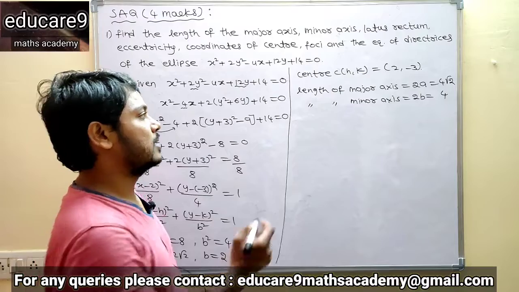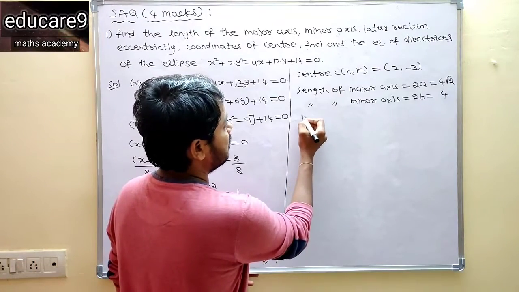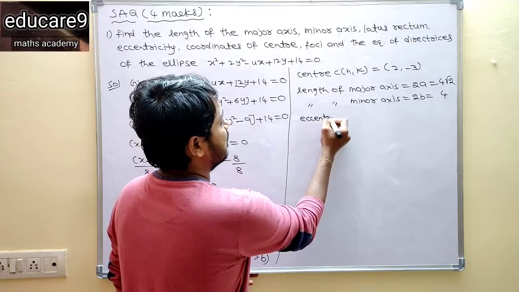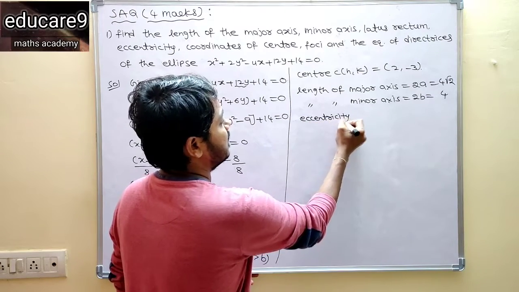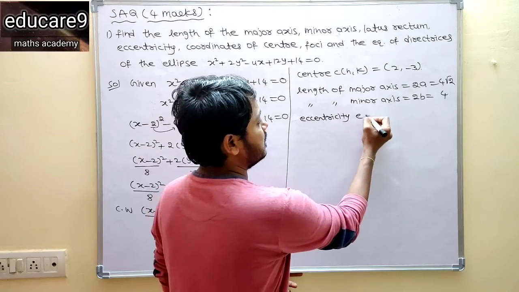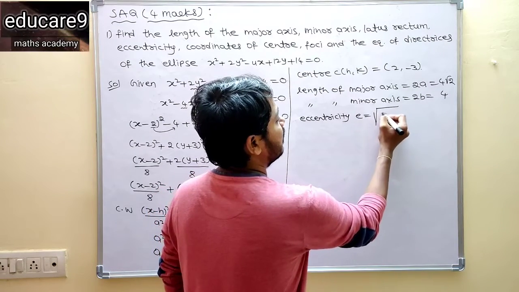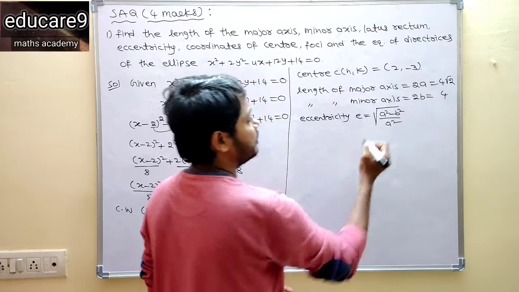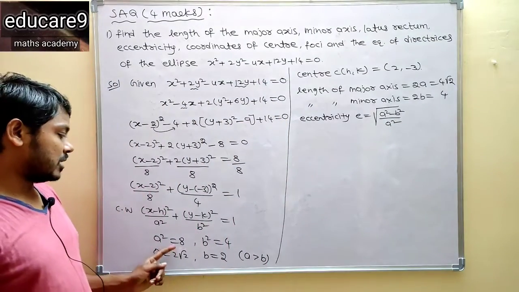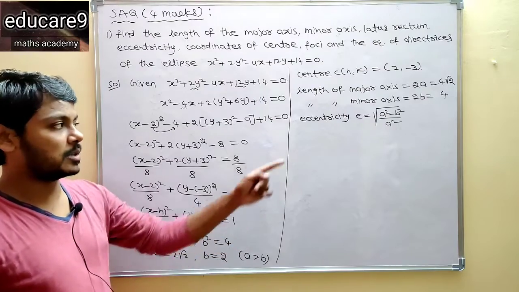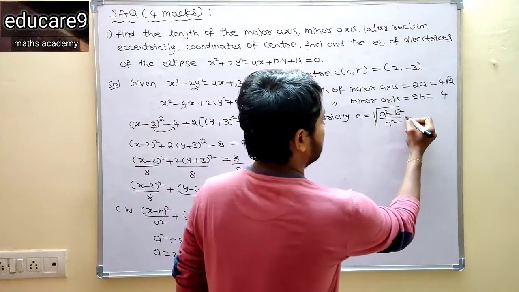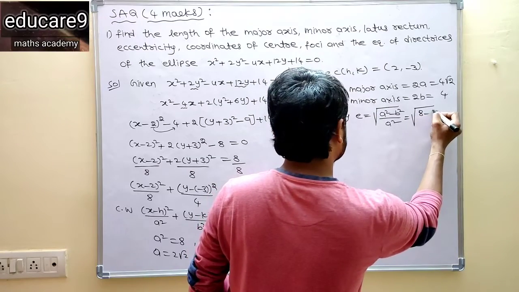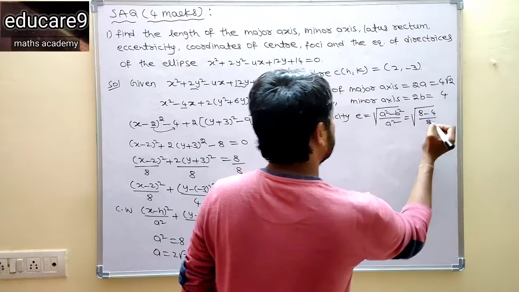Okay. Next, eccentricity. What is eccentricity? That is e is equal to square root of (a square minus b square) by a square. So you know the value of a square, that is 8, and b square is 4. Substitute there, you will get square root of (8 minus 4) by 8.